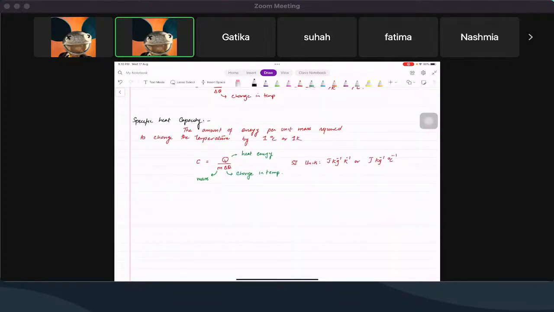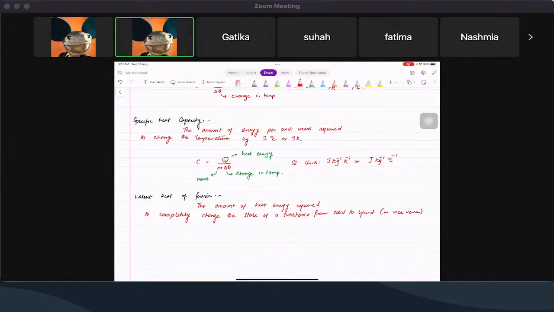Now we have latent heat of fusion. So for latent heat of fusion, you need to remember that it is the amount of heat energy required to completely change the state of a substance from solid to liquid or vice versa.